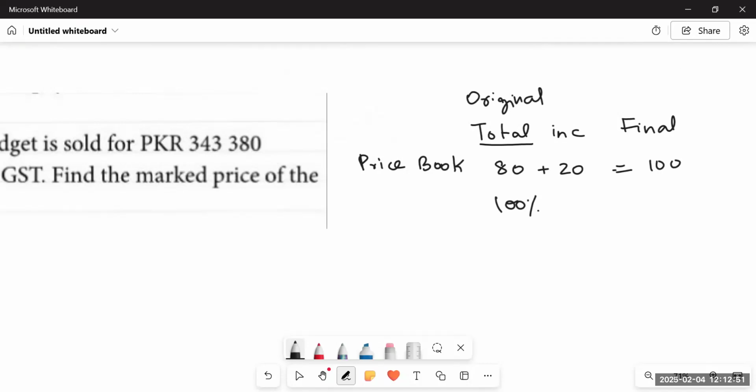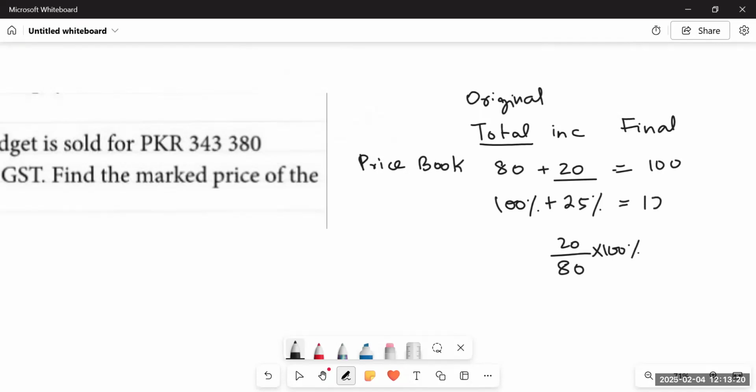So if we have to find out the percentage of 20, we can simply find it by putting 20 in the numerator, the original total in the denominator, and multiplying it by 100%, right? By doing so, we can easily figure out that there was an increase of 25%. And if you remember, when there is an increase, the final percentage would always be the sum of the original total and the percentage increase.